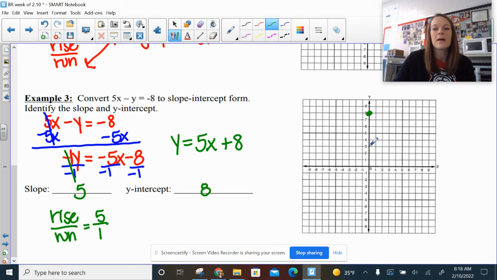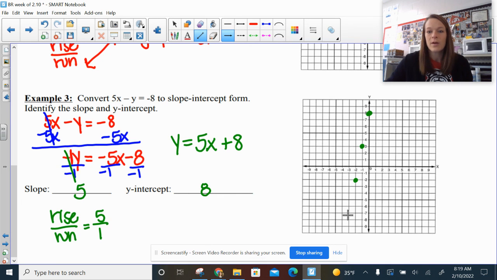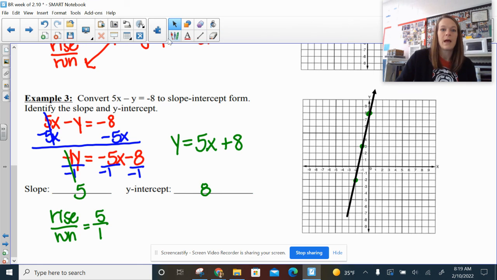And now, because it's positive, I'm going this way so that my line will go up. 1, 2, 3, 4, 5 over 1. And that way my line is going in the correct direction here. And that will be my graph.